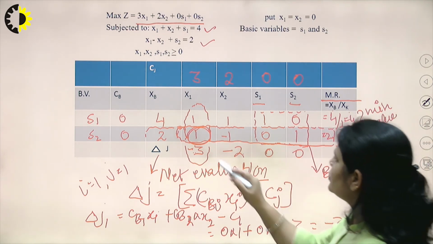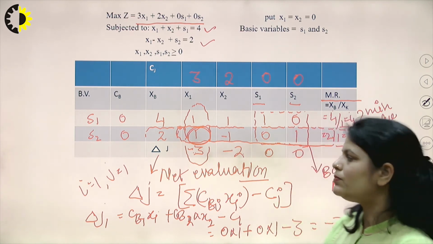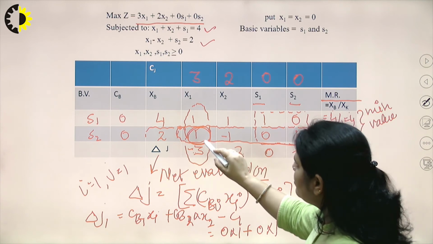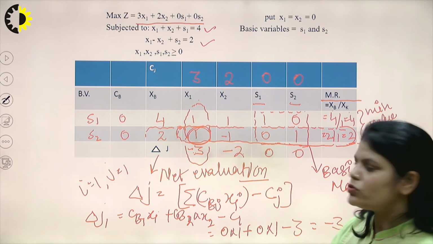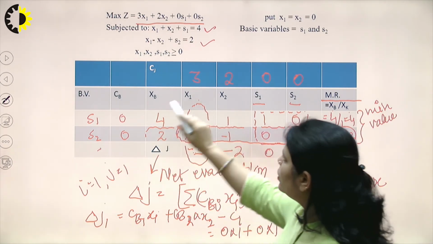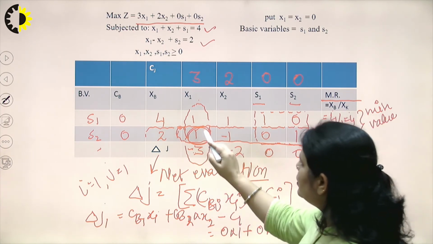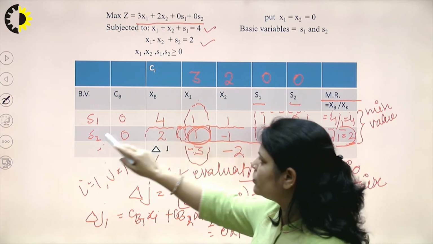Clear? So what is the role of the key element? The key element is 1 here and it is against the x1 variable. So we will replace this s2 with the help of x1. Clear?